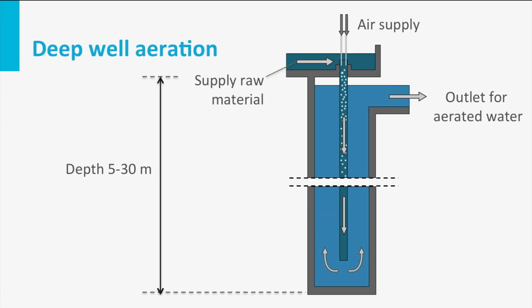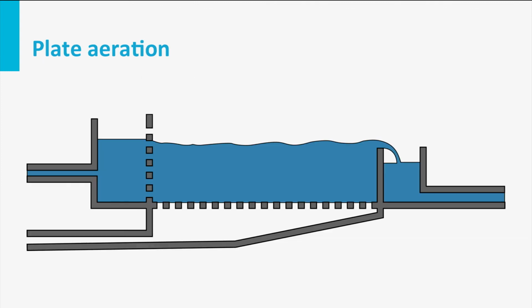For deep well aeration, air is brought into a vertical tube where the mixture flows down to a depth of 5 to 30 meters. Here, the water flows out of the tube into a larger shaft. Because of the high hydrostatic pressure, a very high transfer of oxygen is achieved, within an exceptionally small space. Oxygen can be added to the water, but gas removal rarely occurs.